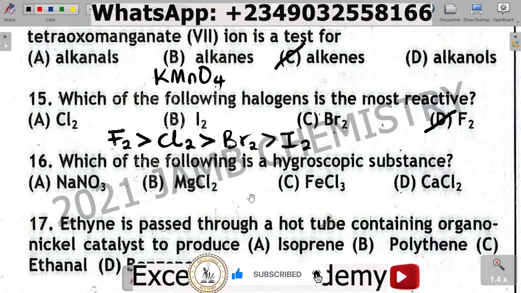Many chlorides are hygroscopic or deliquescent. Calcium chloride is widely used as a drying agent because it absorbs moisture strongly. Technically, B, C and D, having chlorine, are all hygroscopic, but the most hygroscopic of them all is calcium chloride, CaCl2. That's your answer.